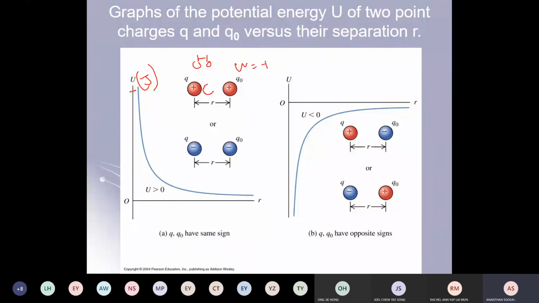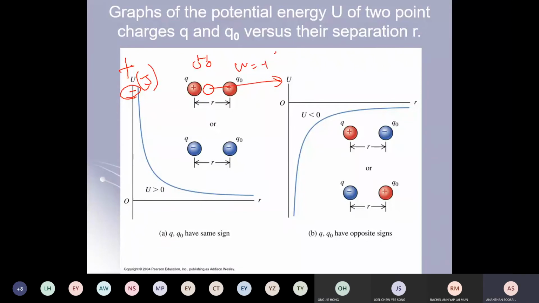So when the particle is quite close, it has already gained a very high potential energy. When you let it go, it will move far away fast because of that great potential energy. So the potential energy will be very high, positive, and get close to zero when very far away.